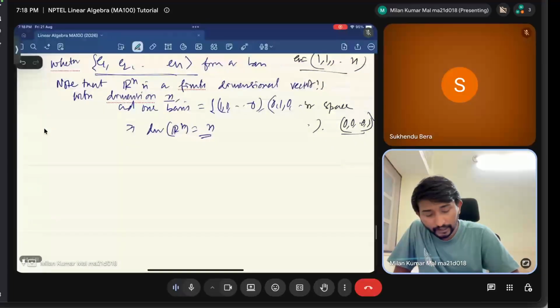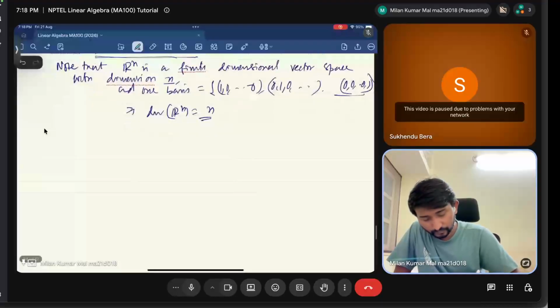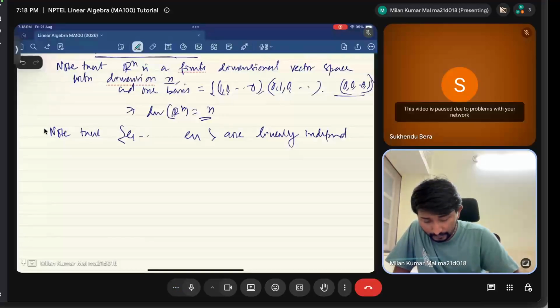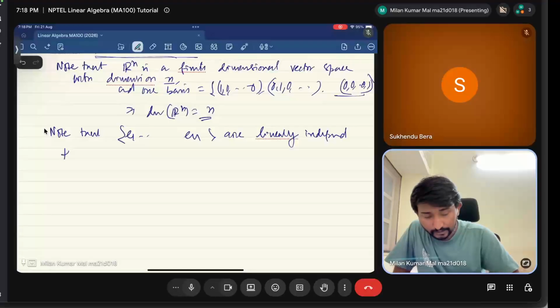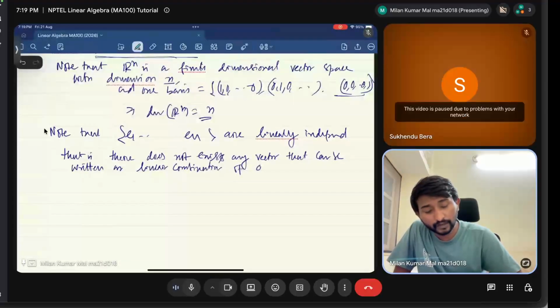E1 all the way to En are linearly independent, that is, there does not exist any vector that can be written as a linear combination of some other vectors.